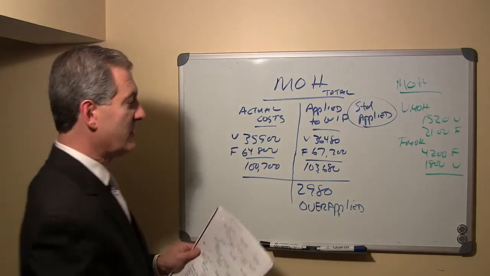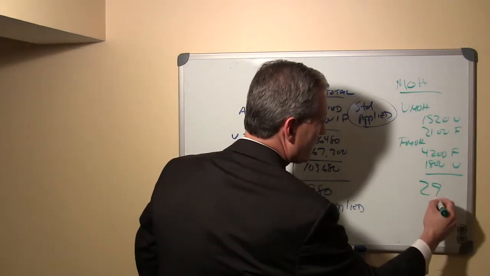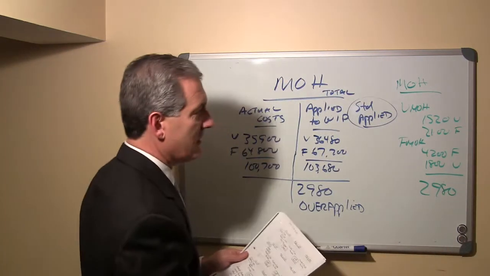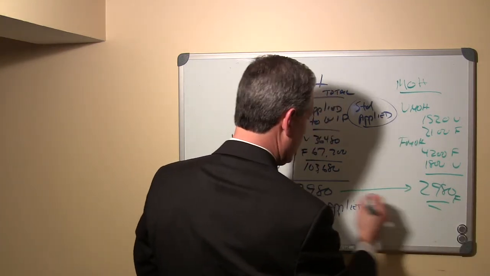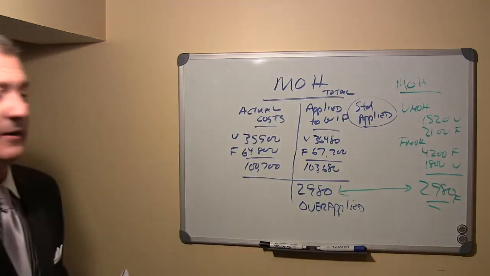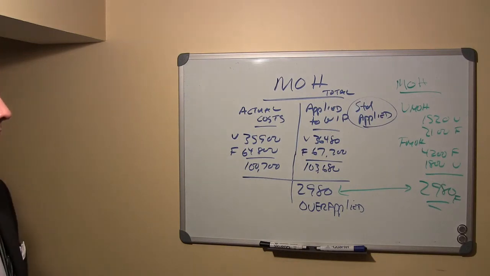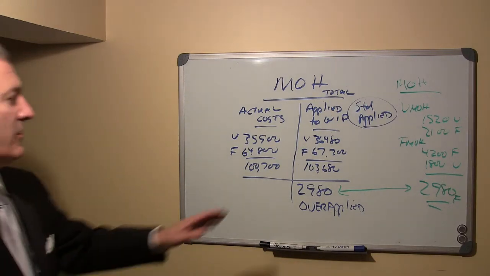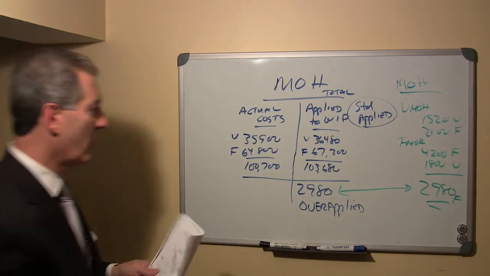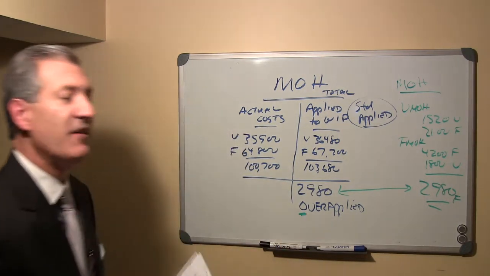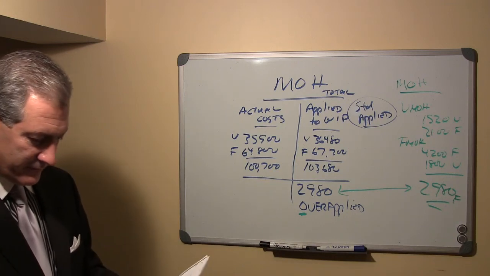Those 4 numbers net out to be $2,980, and you can see that that is a favorable variance. You'll notice these 2 numbers agree to each other. Over-applied manufacturing overhead represents a favorable variance.